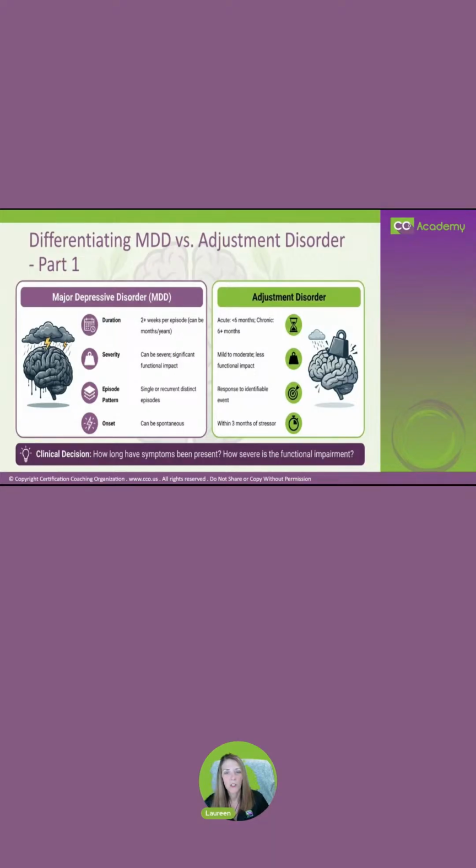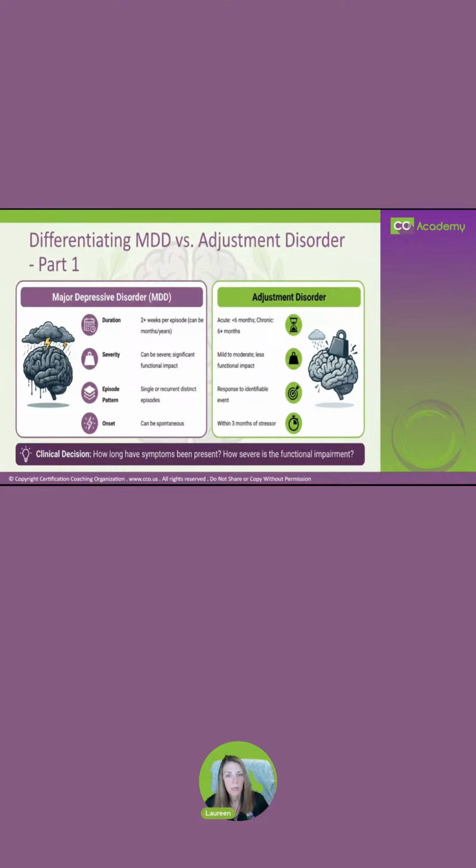The next feature is the episode pattern. Your MDD comes in single or recurrent distinct episodes. Adjustment disorder is a response to an identified event. And then onset. MDD can be spontaneous. It can just come out of nowhere, whereas adjustment disorder happens within 3 months of a stressor.